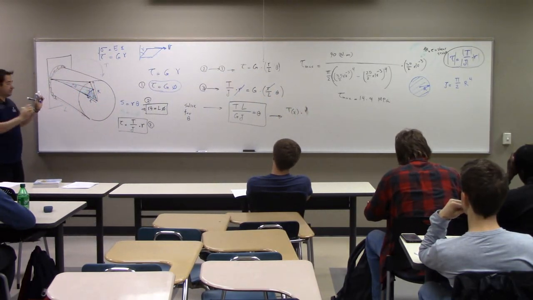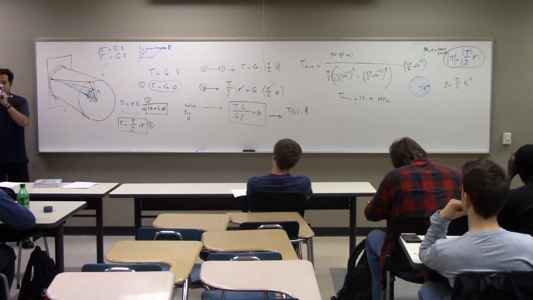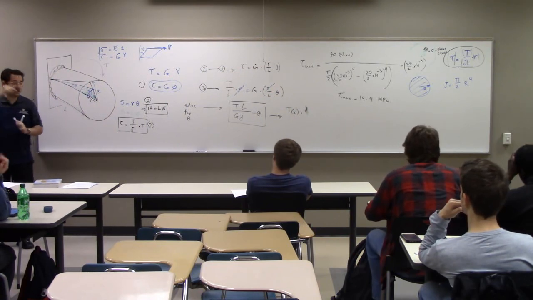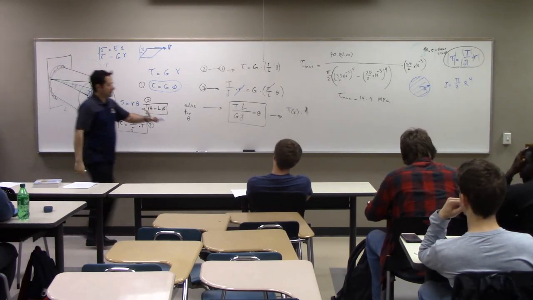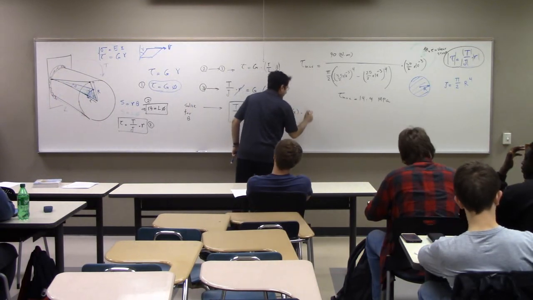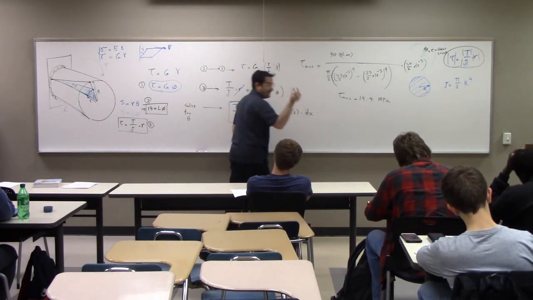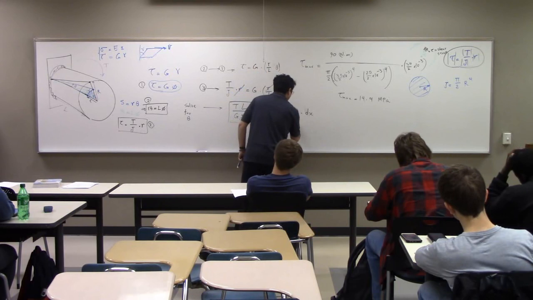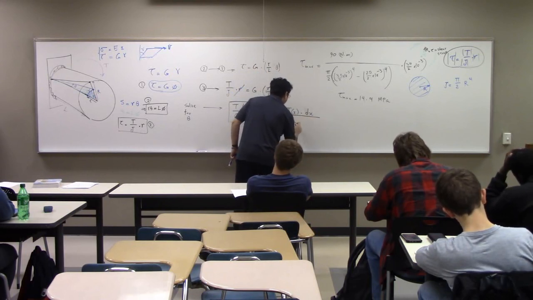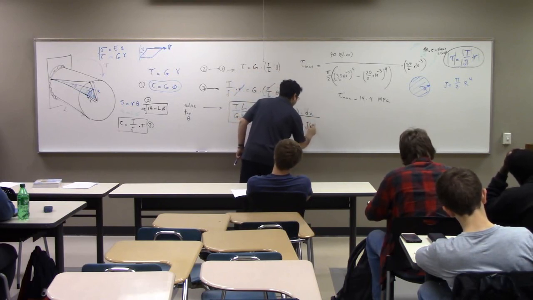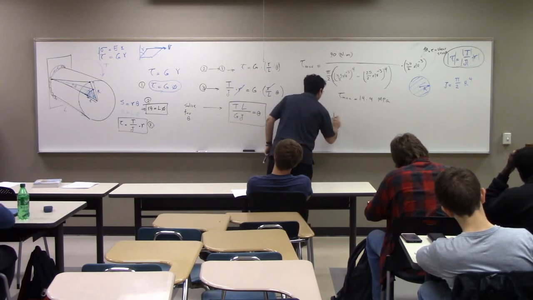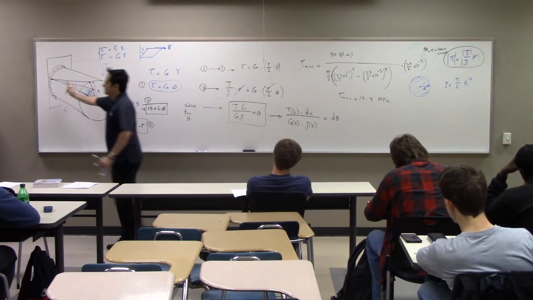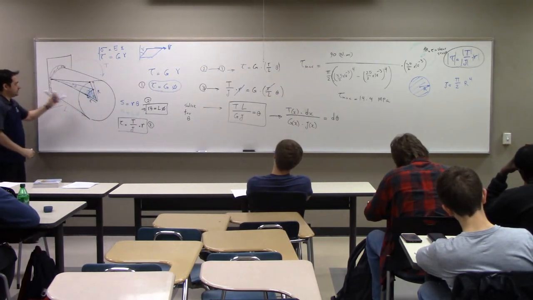Now, if we consider T at any x, that means we consider this length to be infinitesimal, such that at that particular x, the length is uniform. So L becomes dx, and dx times T divided by G at any x times J at any x is equal to d theta. D theta means the change in the angle when you go from this point to this point.